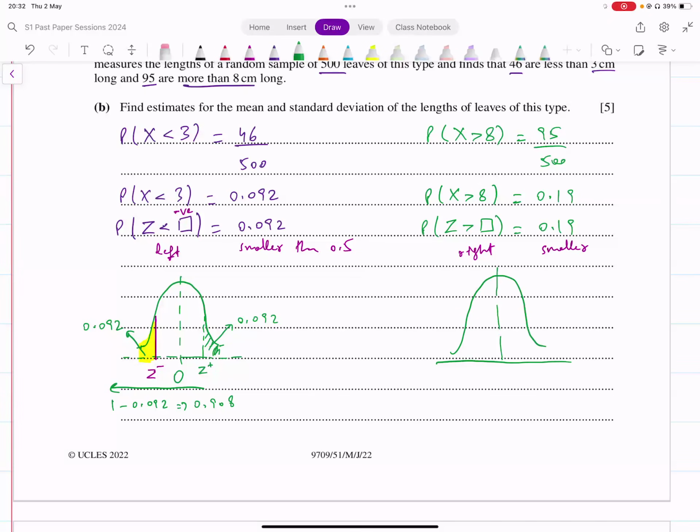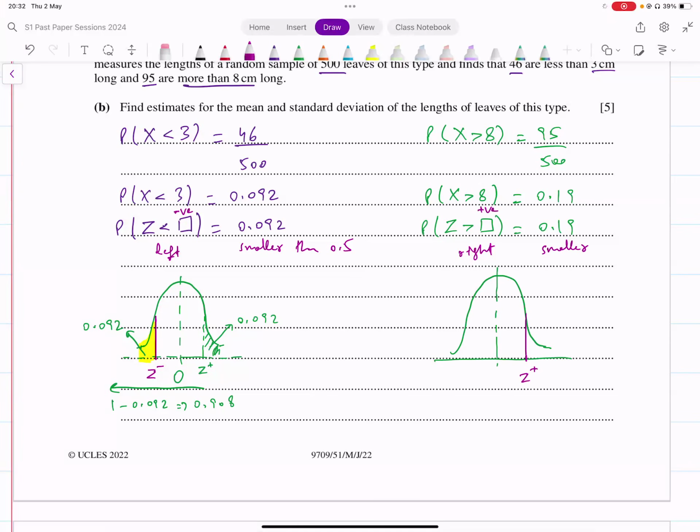Z is going to be placed on the positive side now, because the area to the right is supposed to be smaller. So Z is now supposed to be positive.